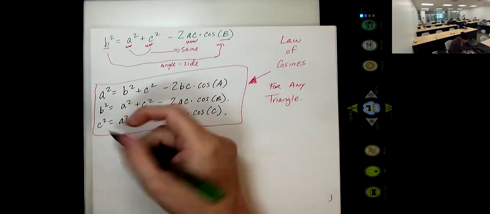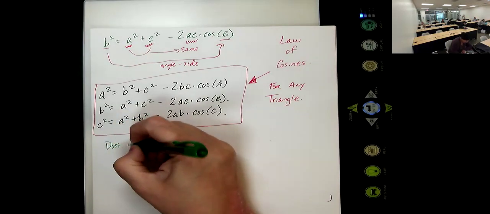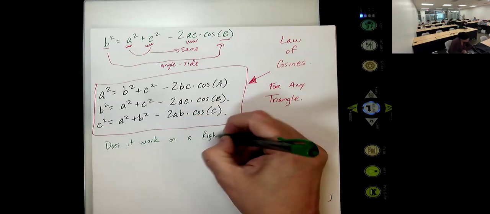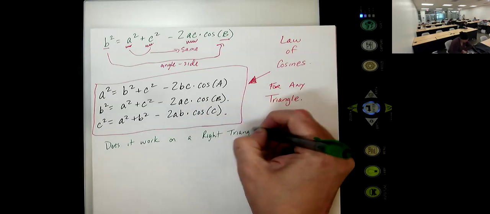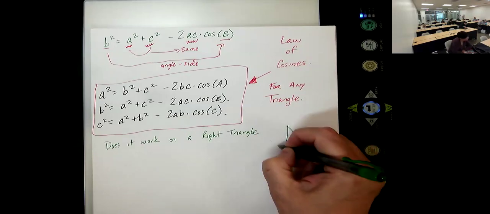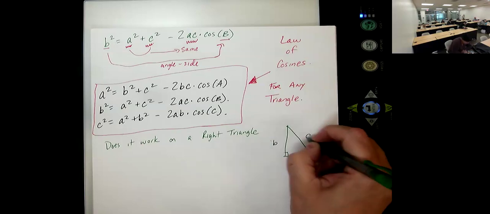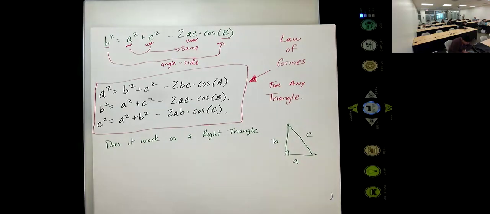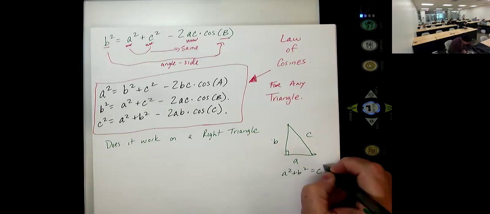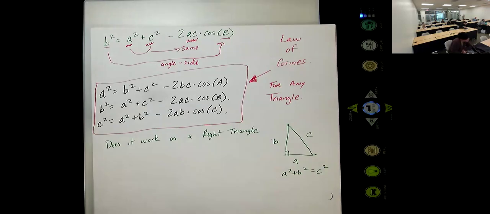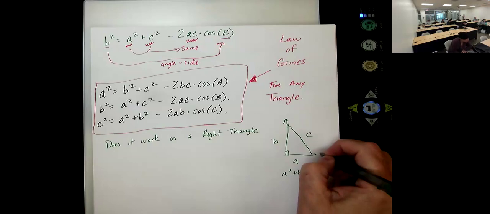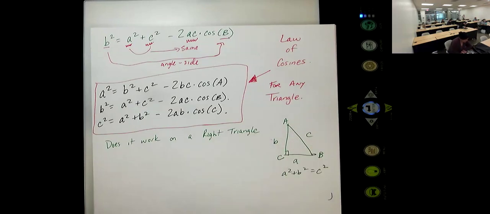Does it work on a right triangle? We know by the Pythagorean formula a squared plus b squared equals c squared. That would be angle A, that would be angle B, and C is right there.